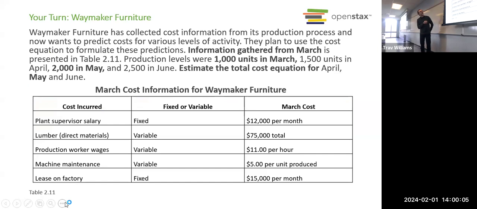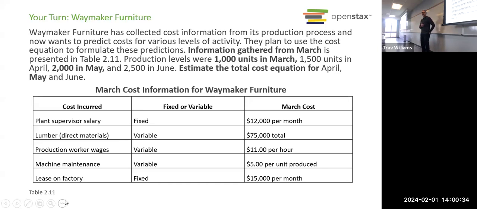This is kind of the same concept though. Let's take a look at this example. These are based on 1,000 units of production. If the company doubled its production to 2,000 units, would the fixed salaries change if production doubled?